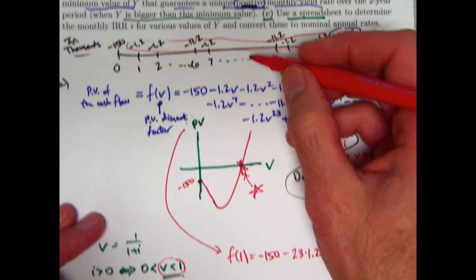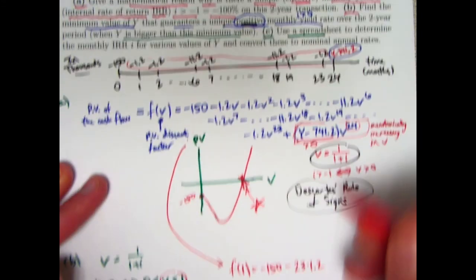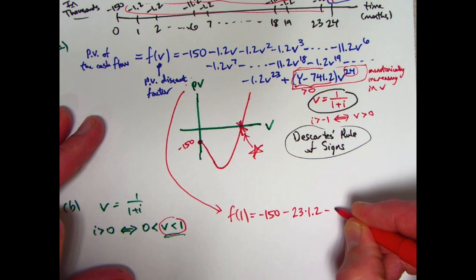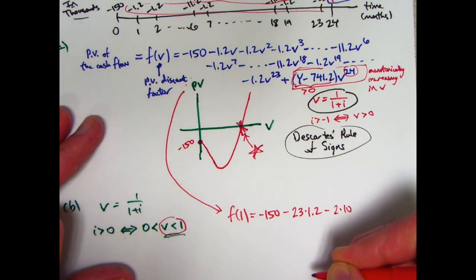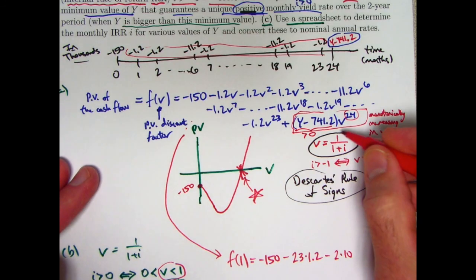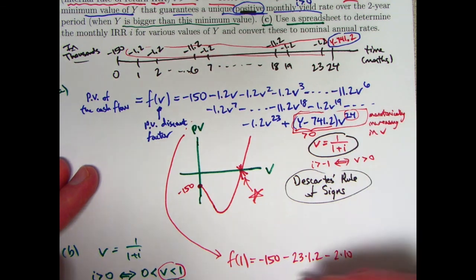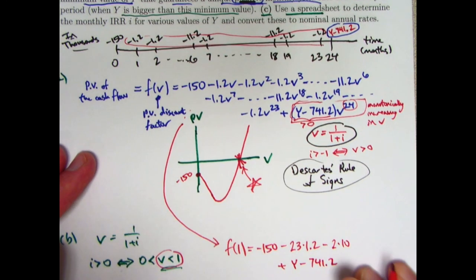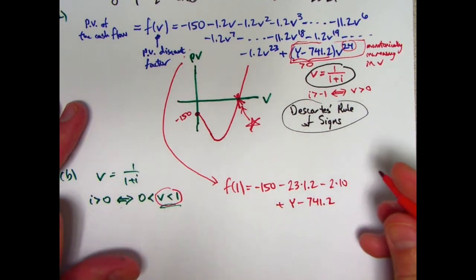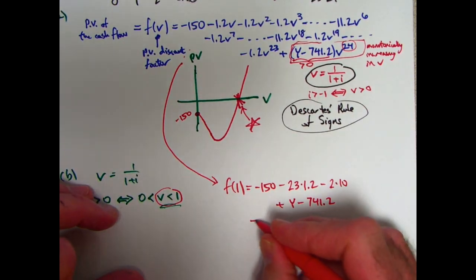There were 2 months where I had to pay taxes of 10,000. So I'm going to subtract 2 times 10 as well. And then when I plug in V equals 1 here, I get plus Y minus 741.2. This, in general, is what f of 1 is. Let's simplify it.